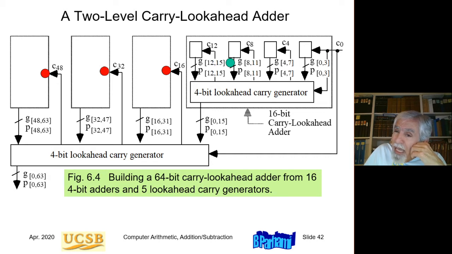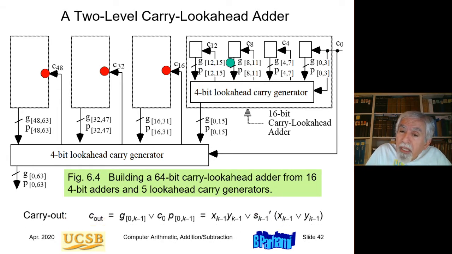And then once C8, for example, is known, that 4-bit adder, which is a carry-lookahead adder, then can compute some bits. So the final part of propagation is from C4, C8, C12 to the sum bits.